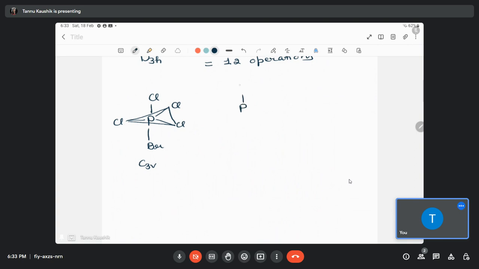And if we substitute two chlorine atoms with bromine atoms, what will be the point group? It will have C2V point group.